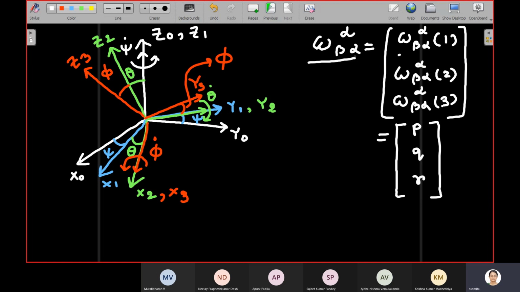So we are going from the beta frame to the alpha frame. The first frame, the initial frame, was the beta frame and the final frame is the alpha frame. So along which axis should I put P, Q, R? X3, Y3, Z3. Yes.